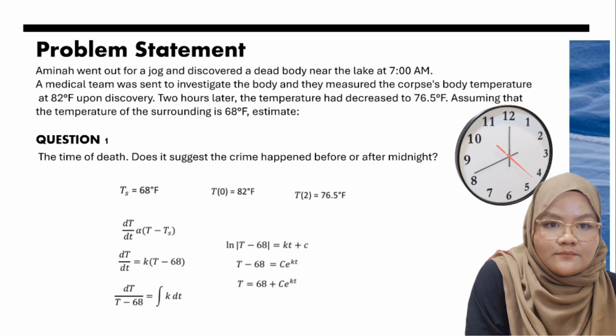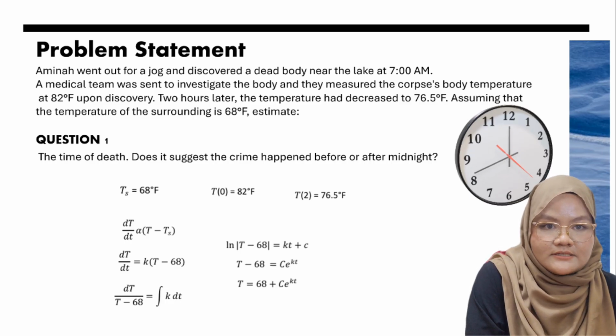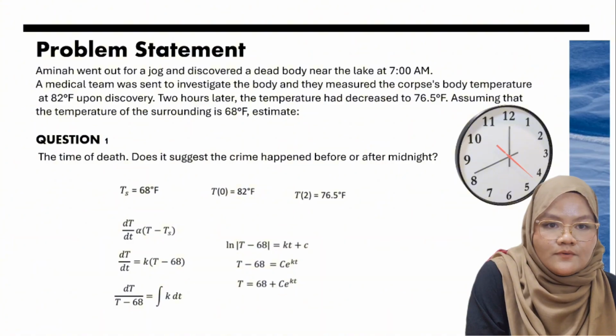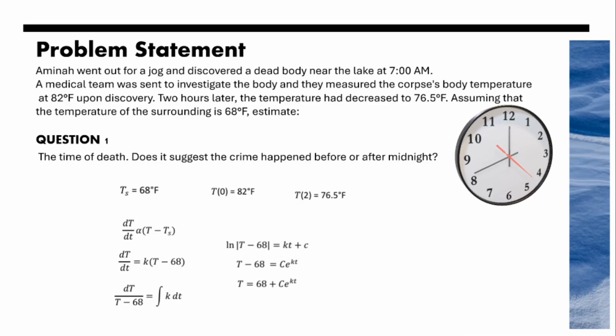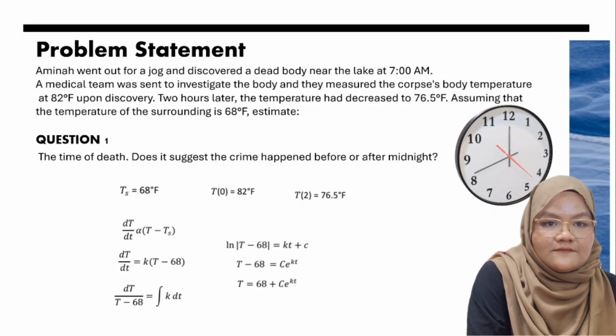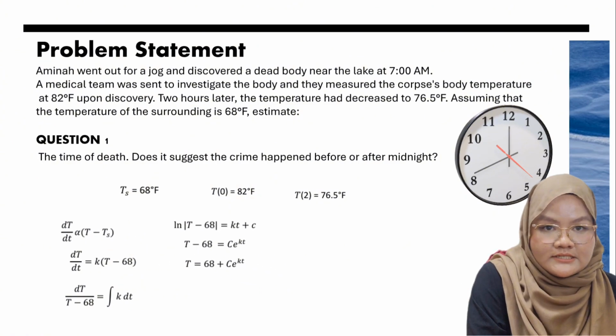Now we will integrate both sides and we will get ln|T minus 68| equals kt plus c, where c is the constant of integration. We exponentiate both sides and we get T minus 68 equals c e to the power of kt. Step 1. Let's find c using the initial condition.